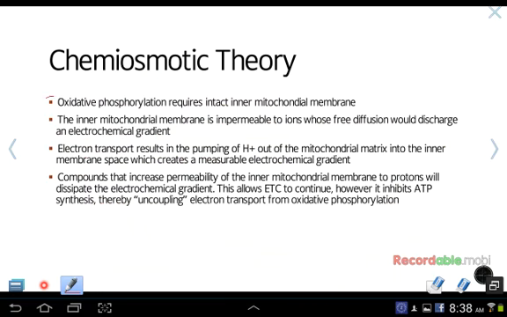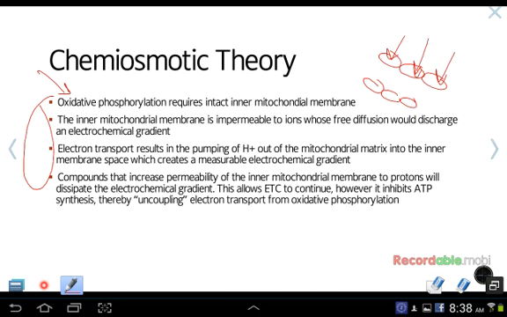So there's 4 principles of the chemiosmotic theory. 1, oxidative phosphorylation requires an intact inner mitochondrial membrane, so no holes in that membrane space in which ions can freely go through. The inner mitochondrial membrane must be impermeable to ions whose free diffusion would discharge an electrochemical gradient.